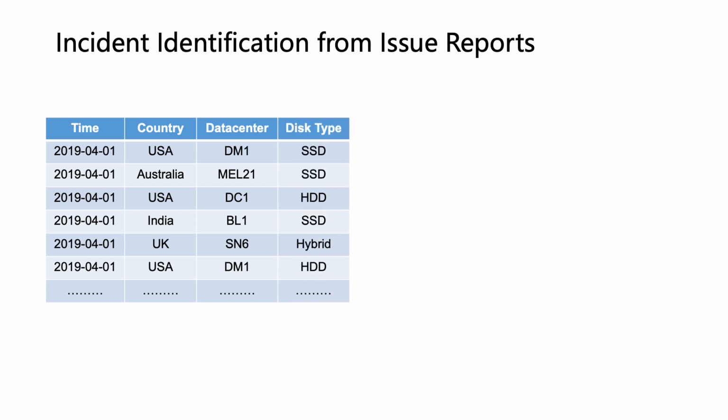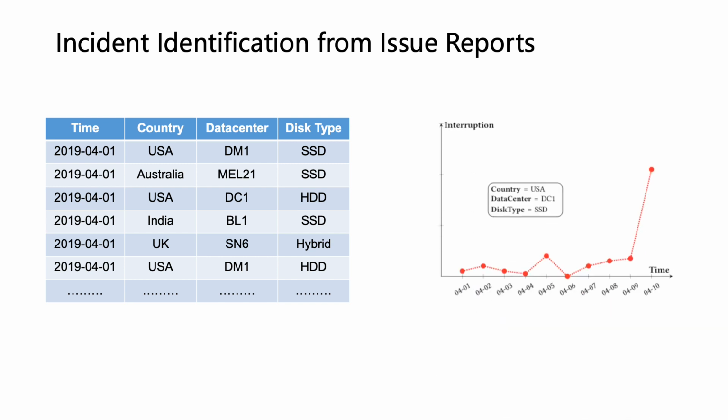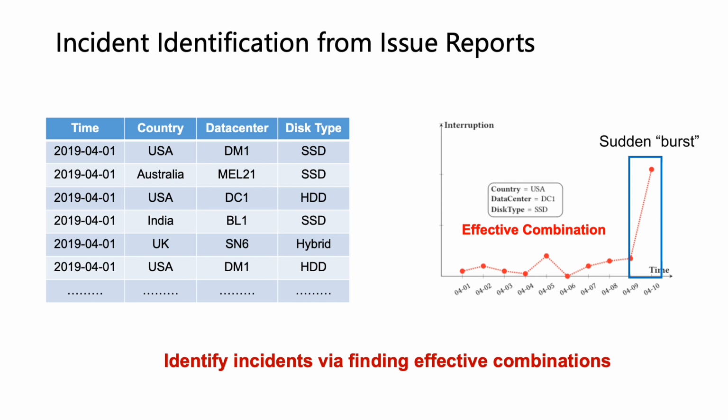Let us break down to the disk type. We find this time series with a sudden burst, so an incident is identified. The attribute combination referring to an incident is called the effective combination. Although the incident cannot be observed at the top levels due to noise, we can identify the incident by finding effective combinations.